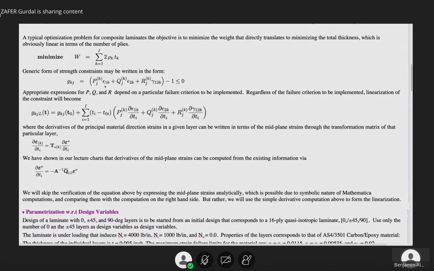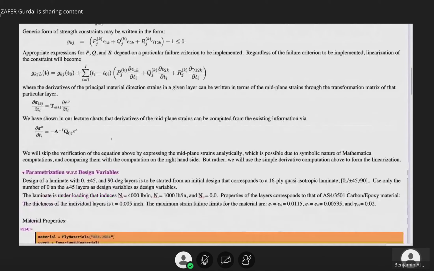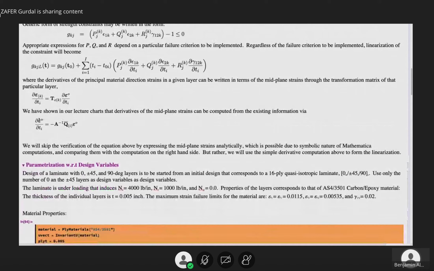So those will be P, Q, and R for a stress-strain constraint. These are the coefficients of the failure criterion that we are going to use. And we showed how to compute the laminate midplane strain derivatives with respect to the different thickness variables for the thicknesses of zeros and other orientation angles.